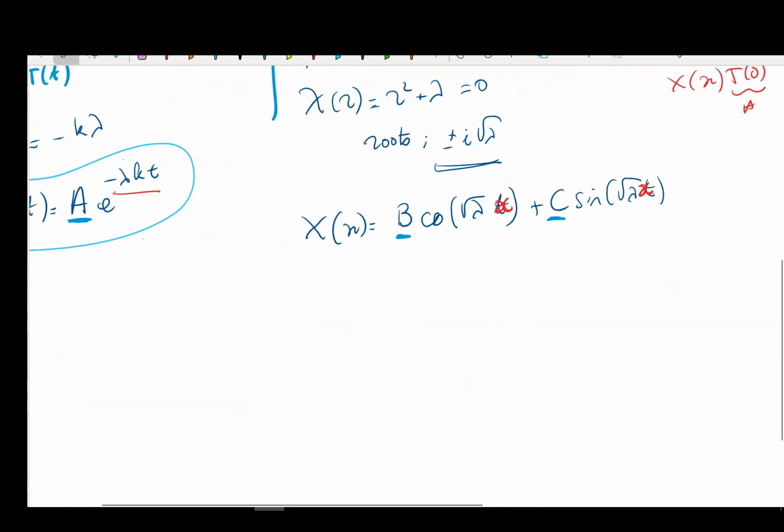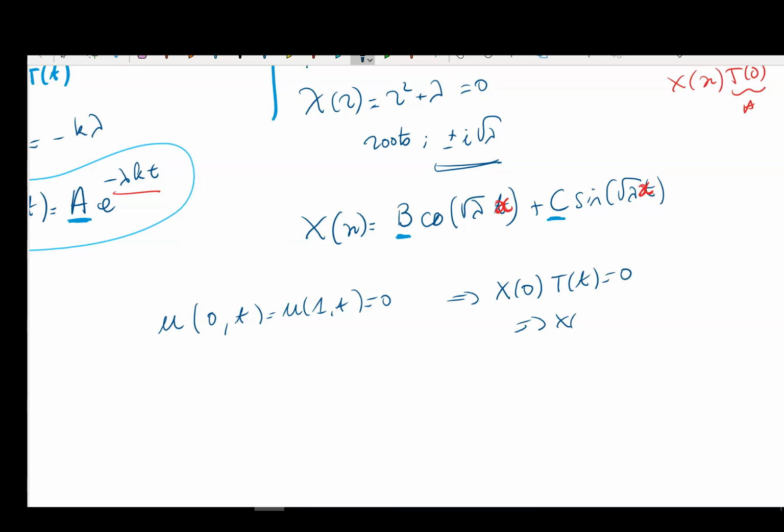So from the boundary conditions, we get that u of 0, t is equal to u of 1, t is equal to 0. So what does that mean? It means that for all t, the value in 0 is equal to 0. So that means that X of 0, T of t is equal to 0, so X of 0 must be equal to 0.